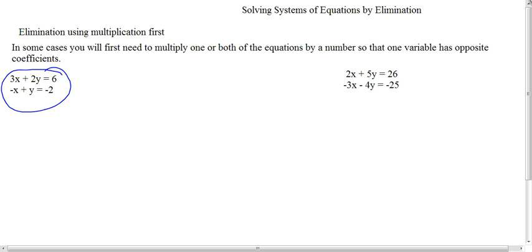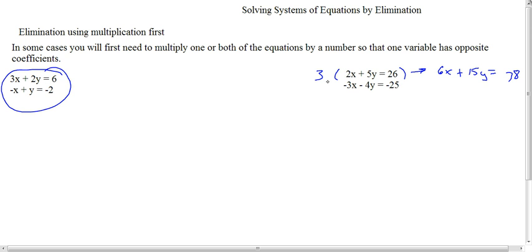So we can take the very first equation and multiply that equation by 3, and that's going to give us 6x plus 15y is equal to 3 times 6 is 18, 3 times 2 is 6, and 1 is 7.